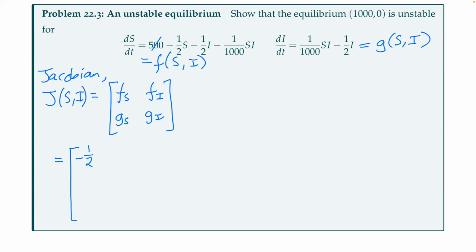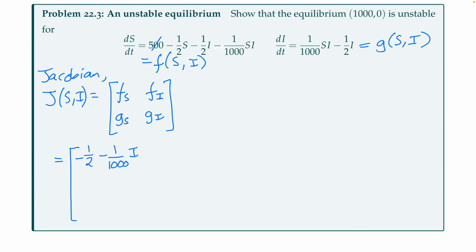Minus 1,000 si, derivative with respect to s is... yeah, minus 1,000 I. When we're taking the partial with respect to s, this is a constant and this is a constant, okay? So the s loses its power, goes down by 1, so we have s to the power of 0, which is 1, and then we just have the constant term. Okay, so that's our f sub s.